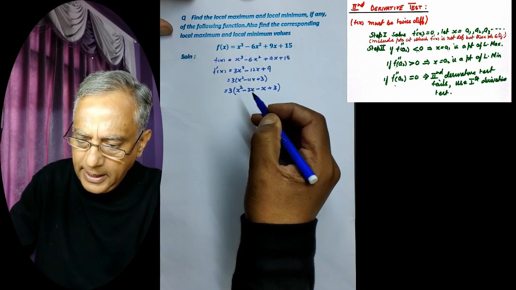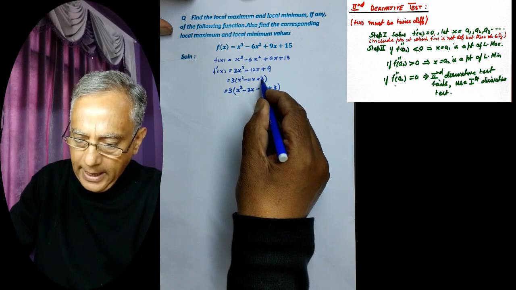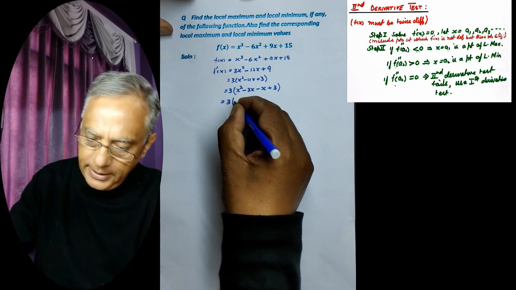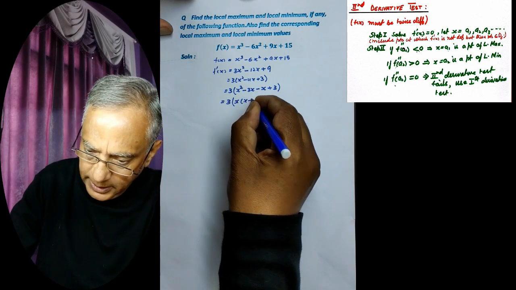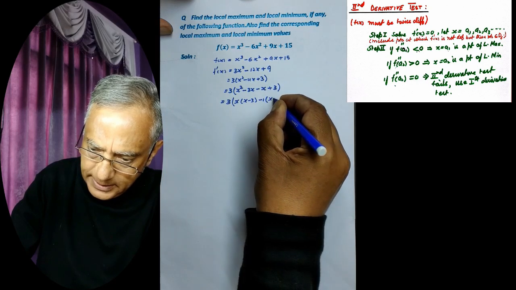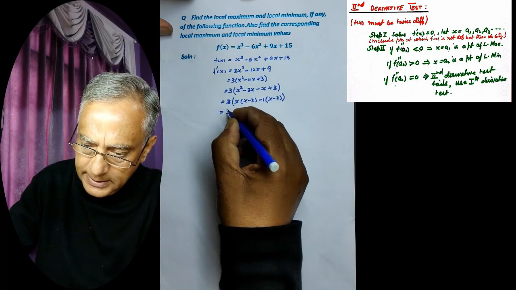Sum of minus 3 and minus 1 is minus 4, and product of minus 3 and minus 1 is 3. So this is equal to 3 into x is common, x minus 3, minus 1 is common, we get x minus 3.